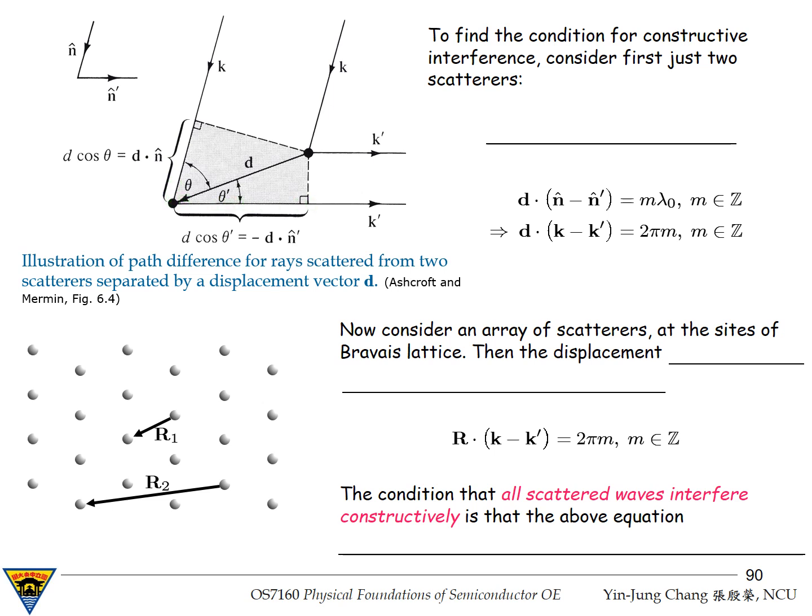Each term can be further rewritten as d dot n hat and minus d dot n hat prime, where n hat and n hat prime denote the unit vectors of k and k prime respectively. And when expressed in terms of the unit vectors n hat and n hat prime, a minus sign is required because the projection of the displacement vector d onto the direction k prime, which points to the left, is in the opposite direction of k prime.